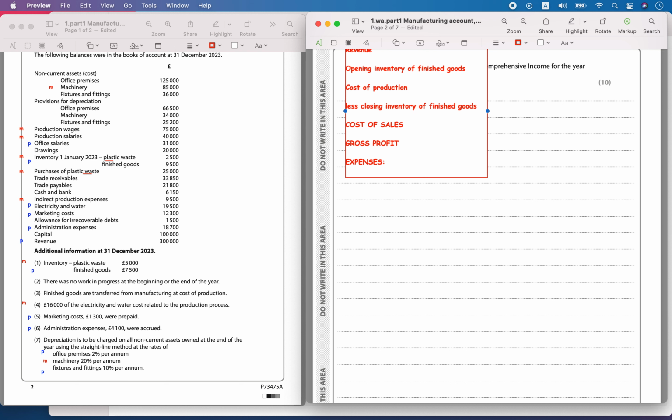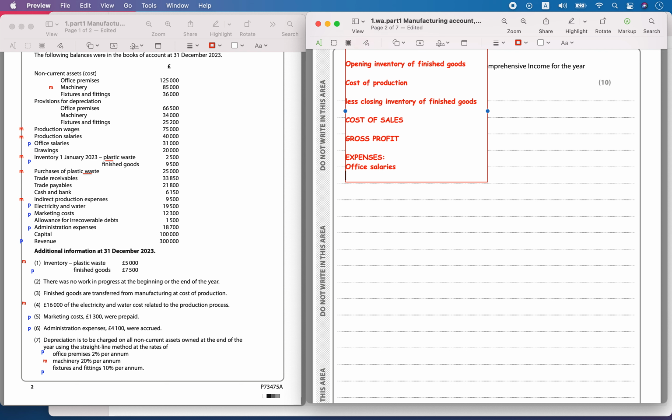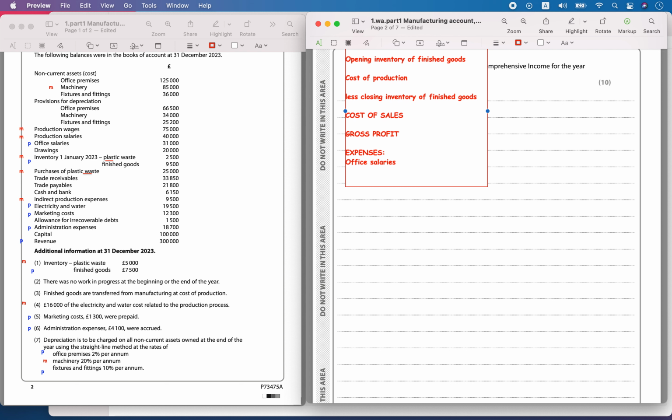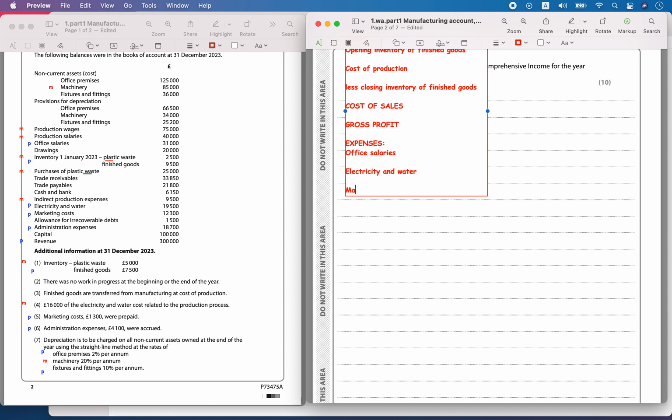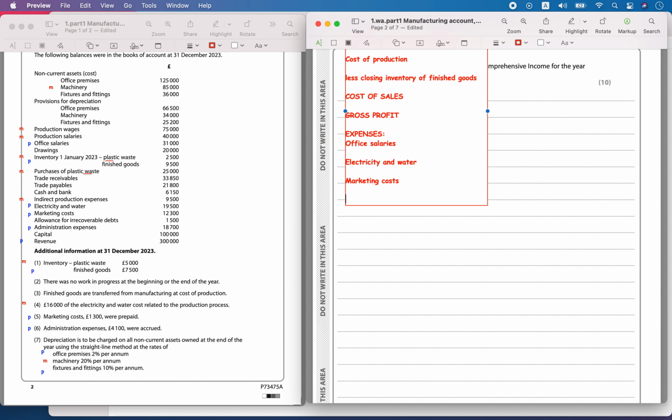So the expenses are going to be, let's start with office salaries. And then you have electricity and water. And then you have marketing costs. And then you have administration expenses.